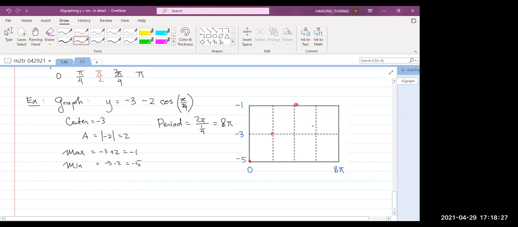Here, and then here, and then here, and then here, and then you curve it. It's supposed to be curved. And to put more details, this will be 4 pi, 2 pi here, this is 6 pi.